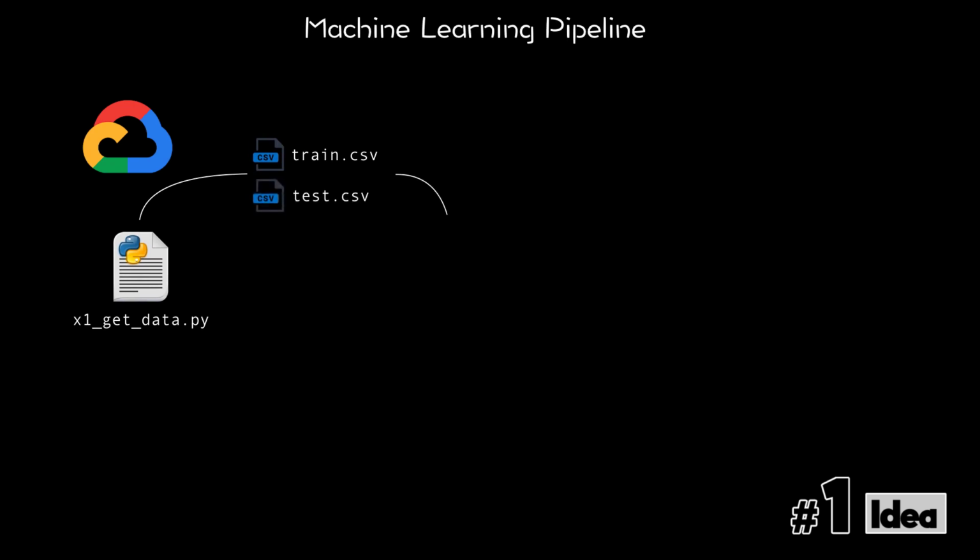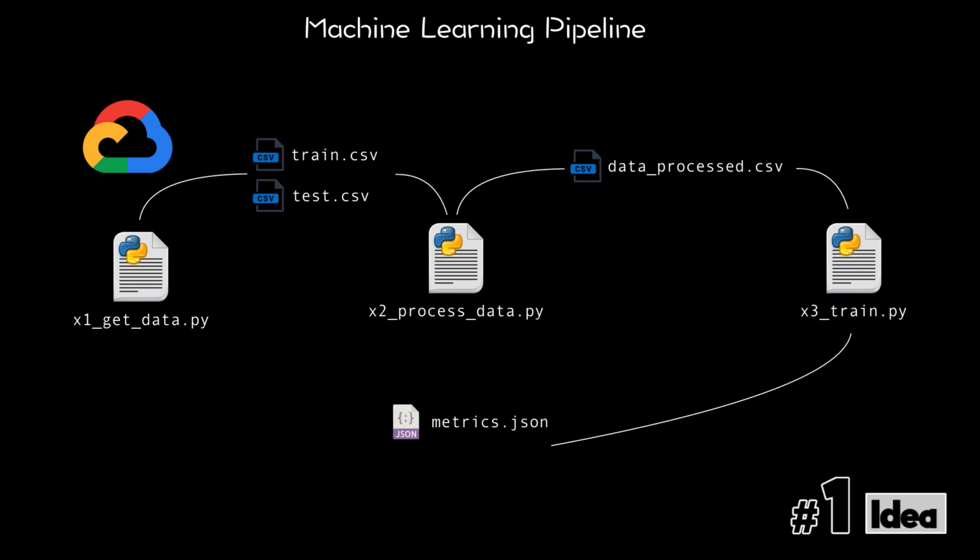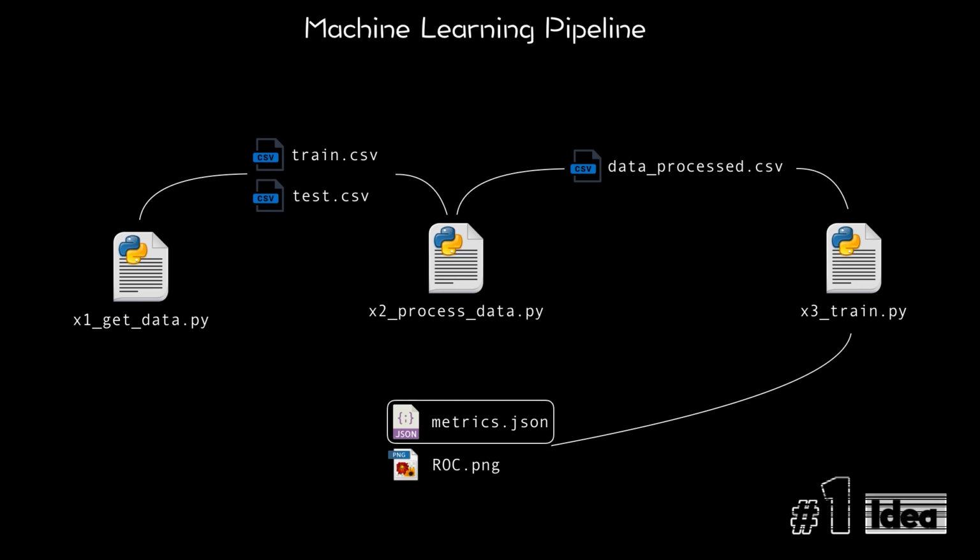Then x2 takes these files, performs data cleaning, and prepares data for the model. x3 takes the processed data, trains the model, and makes the predictions. The result of the full pipeline is 2 files, metrics.json and roc.png. And metrics.json is the special one, because we will make a metrics comparison of this file across the GitHub branches. Let's go hands-on and do it for real.